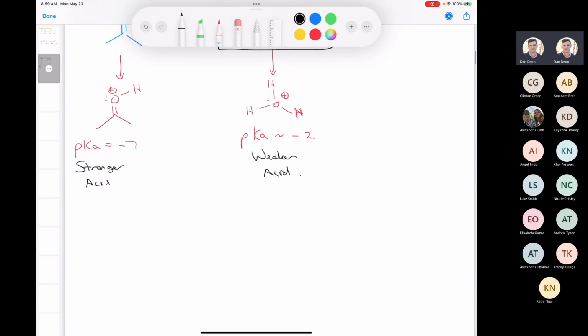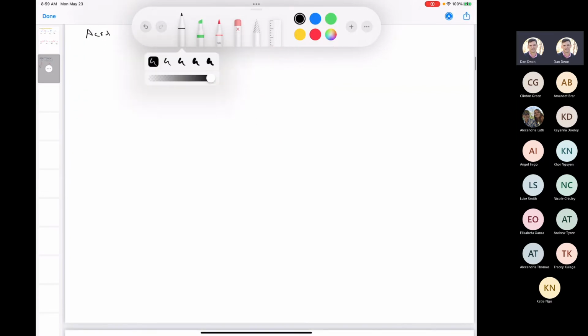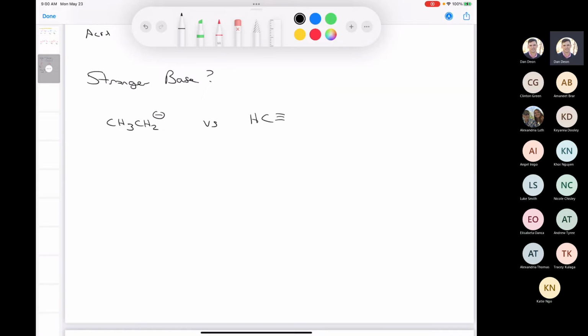Let's try, if we were to compare, and again, we're looking for the stronger base, your stronger base with a question mark. If we compared CH3CH2 minus versus this ion, both of these carbanions, if we compare the two, which one would be a stronger base? If I call this one A and I call this one B, which one would be a stronger base?